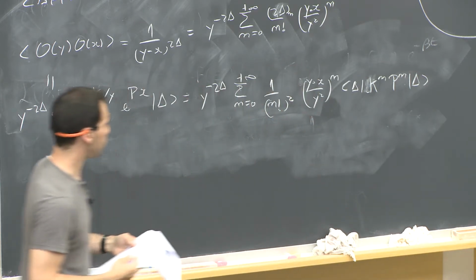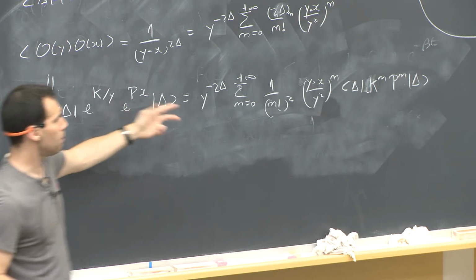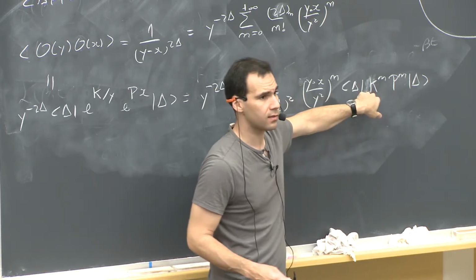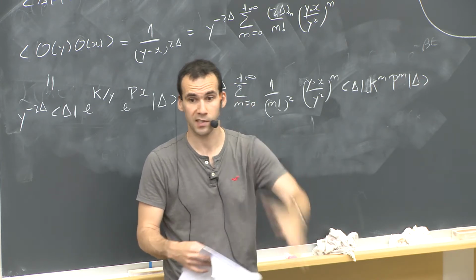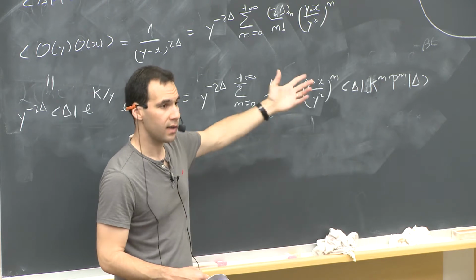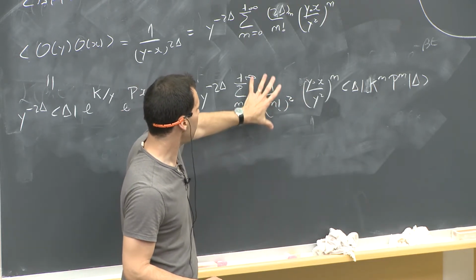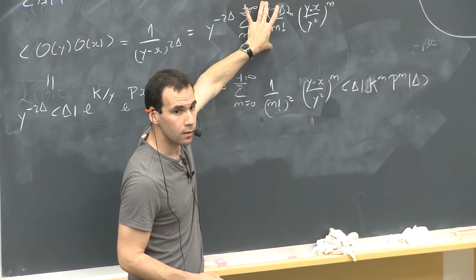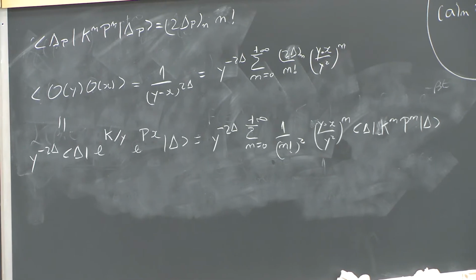Right? So you expand both exponentials, you get a double sum, but this object only exists if you have the same number of k's and the same number of p's, so the double sum reduces to the one on the diagonal. The n factorial squared, again, is from the two exponentials. So, okay, you have this. If you compare this with this, then you get that result. Okay?